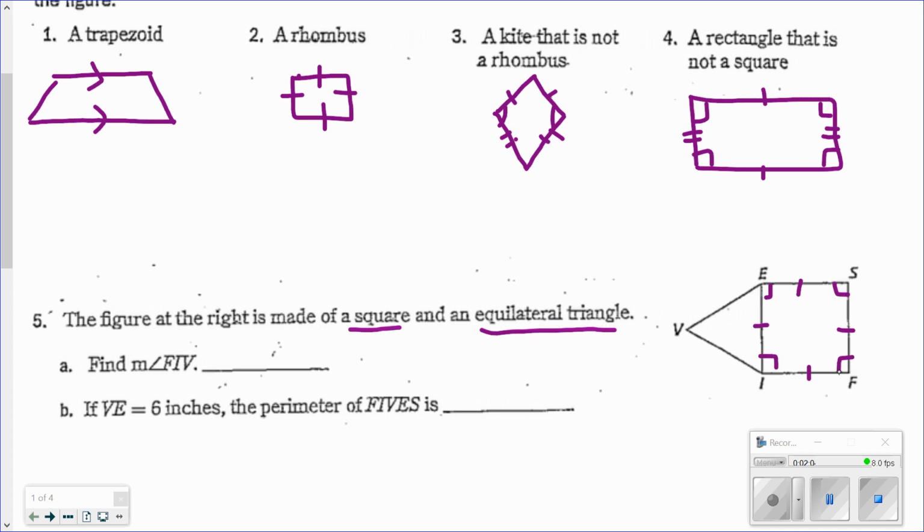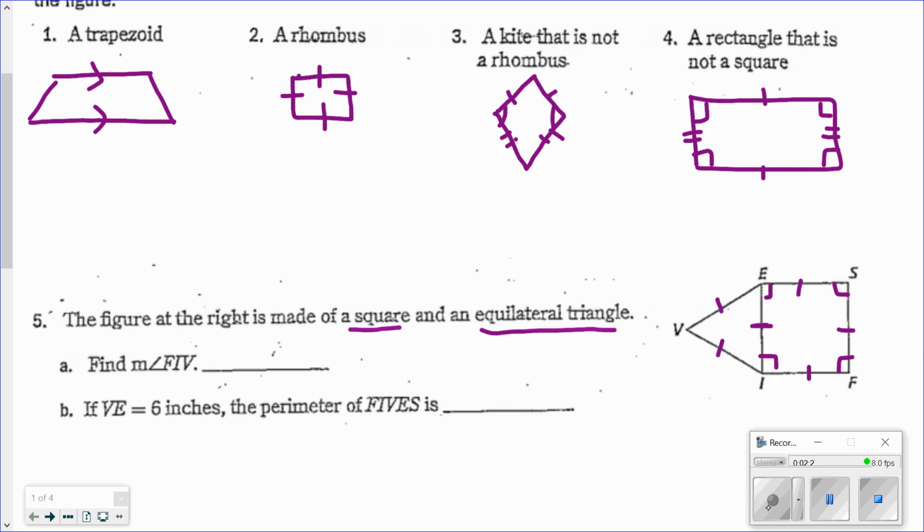We also know that it's an equilateral triangle. An equilateral triangle means all 3 sides are congruent. So if this side is the same for our square, we also know that these sides are also congruent to the sides of my square.